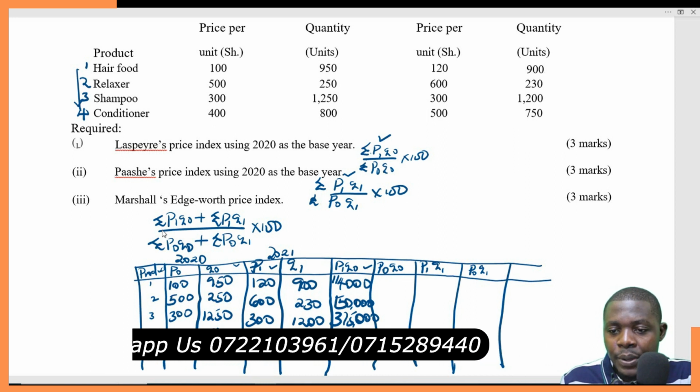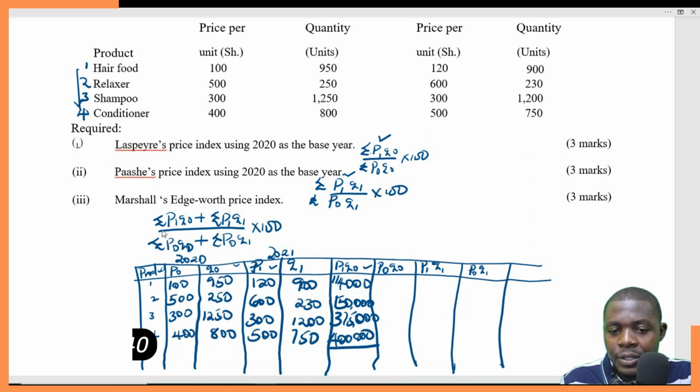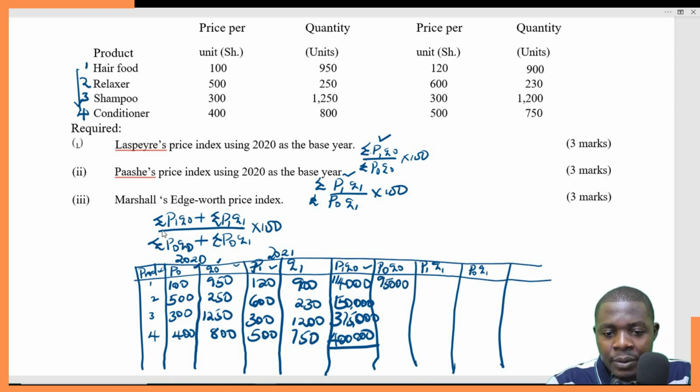Then we have P naught Q naught. We take this one multiplying by the figures in that row. 100 multiplied by 950 is simple: we get 95,000. Then we have 500 multiplied by 250; you can also use your calculator. We get 125,000.